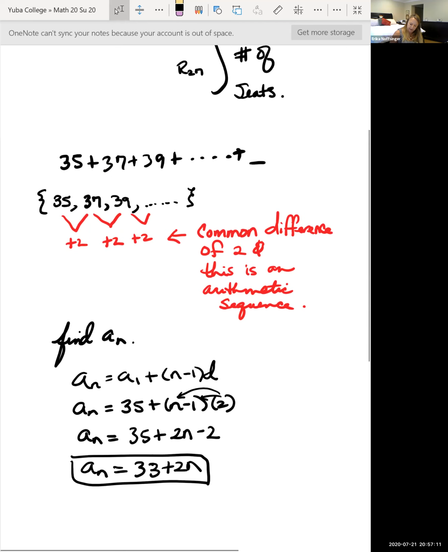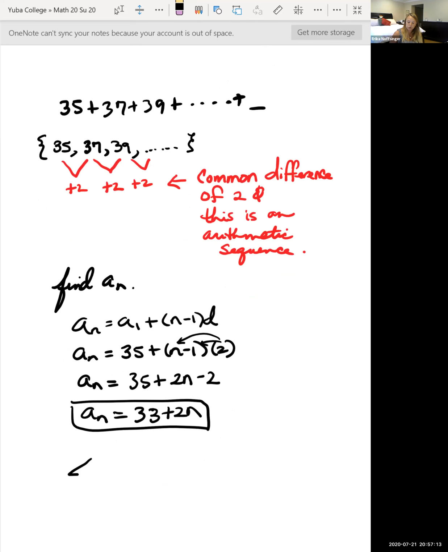So I'm summing. I'm starting with the first row of the amphitheater seating, which is 1. We were told that they have 27 rows. And we can use the formula 33 plus 2n, and that would give us any row between 1 and 27. But we want to sum those.